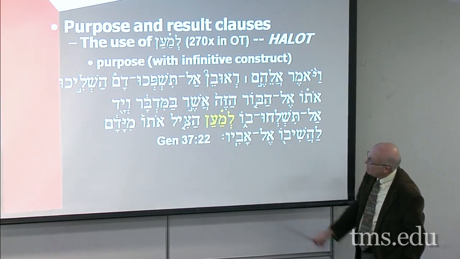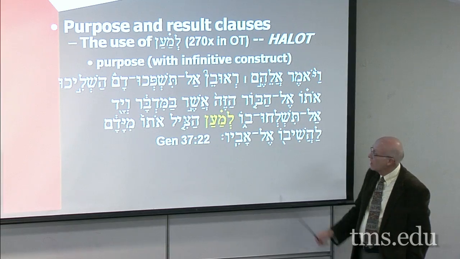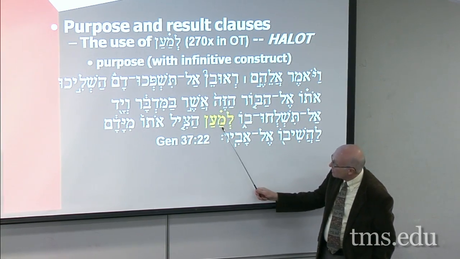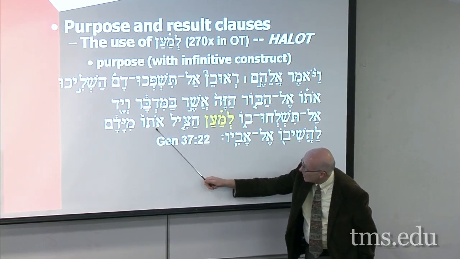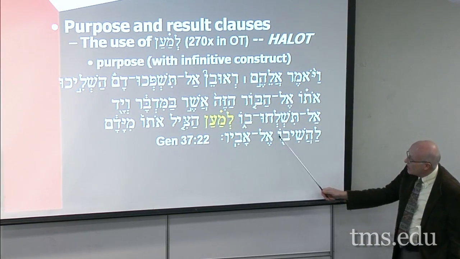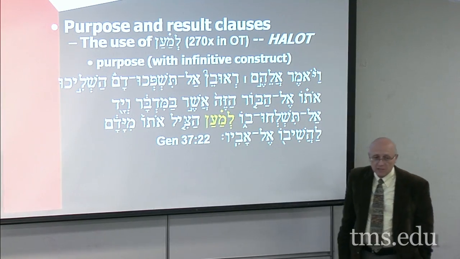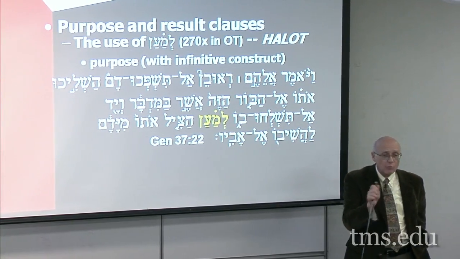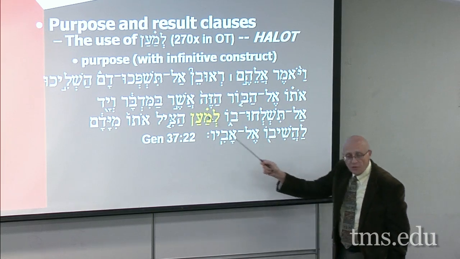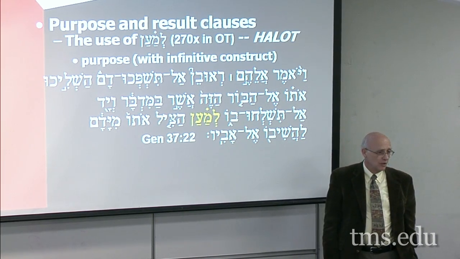So how's lema'an being used here? It is purpose. It's telling us his purpose in saying this. He said this in order that, or for the purpose that, he might deliver him from their hand in order to return him unto his father. So lema'an followed by hatzil is talking about purpose, not result. We would not translate this with the result that he delivered him from their hands and returned him to his father.